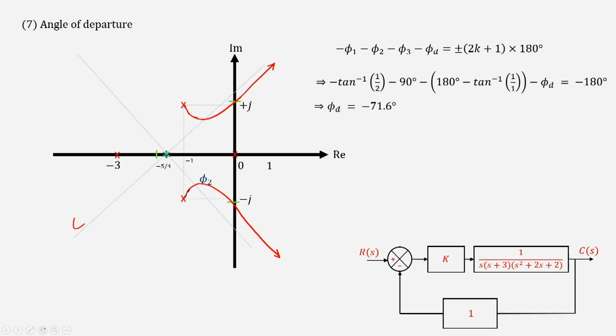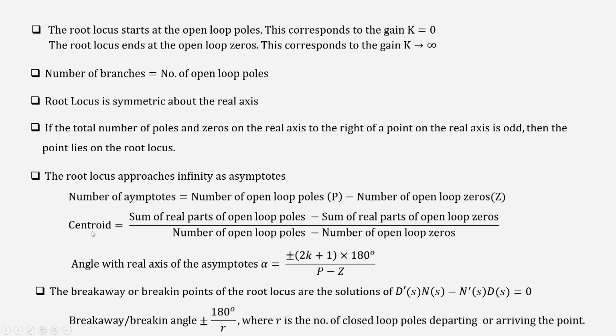And what are the other two branches? Let me take some other color. One branch will come like this, and this is the branch which goes to infinity like this, and the other branch will also come like this, and then it will go to infinity like this. So this is the root locus for this example.